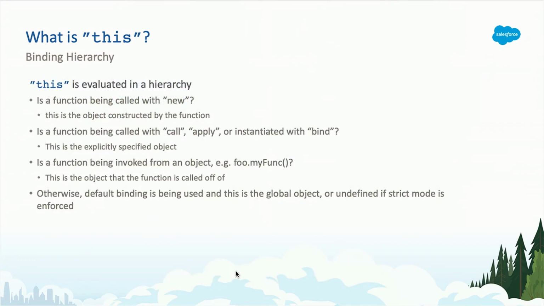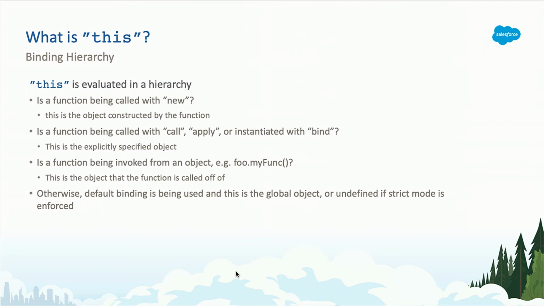Whew. So how do we determine what this keyword is? Just follow this hierarchy, with each step taking precedence over the next. First, is the function being called with new? If it is, new binding is in effect, and this keyword is bound to the newly created object by the function. If that's not the case, are we using call, apply, or bind?